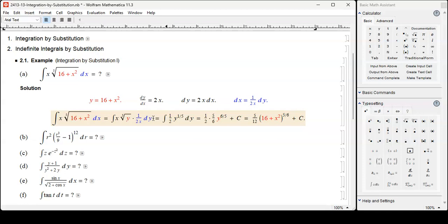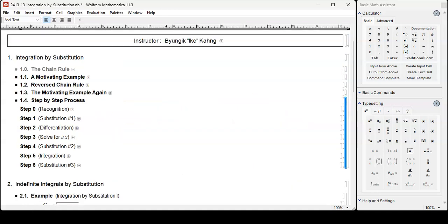And then if you simplify, you're going to get a y integral. That should be a much easier integral than the original integral, so you can easily calculate. Got the antiderivative. And then final substitution. y is again 16 plus x squared. That'll complete the problem. And that's what the step-by-step process is all about.